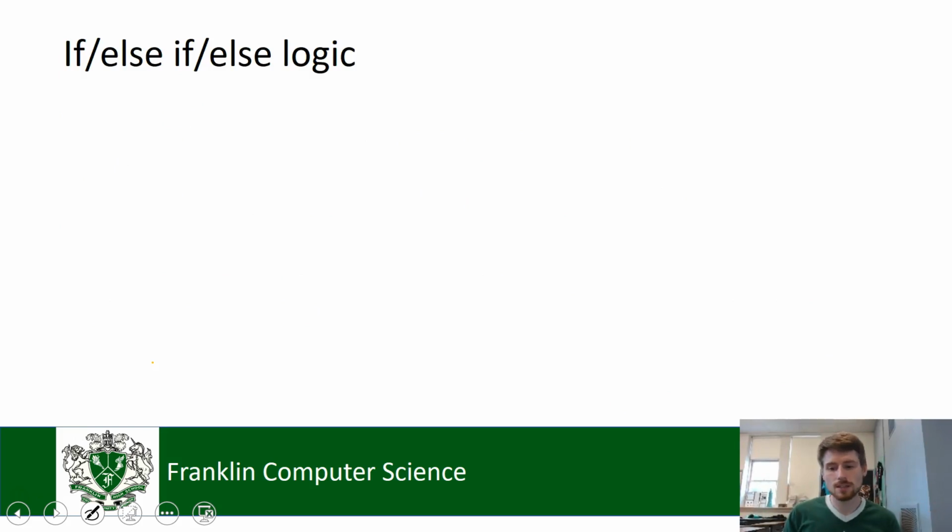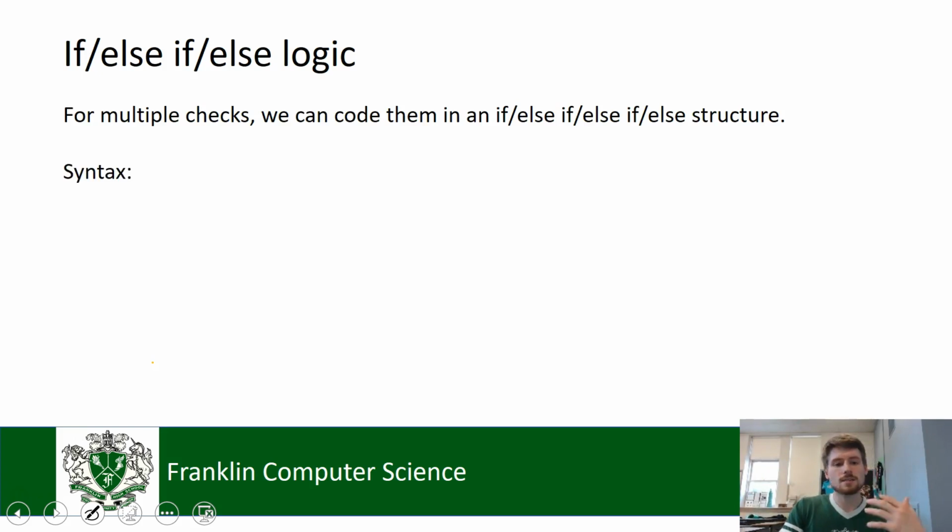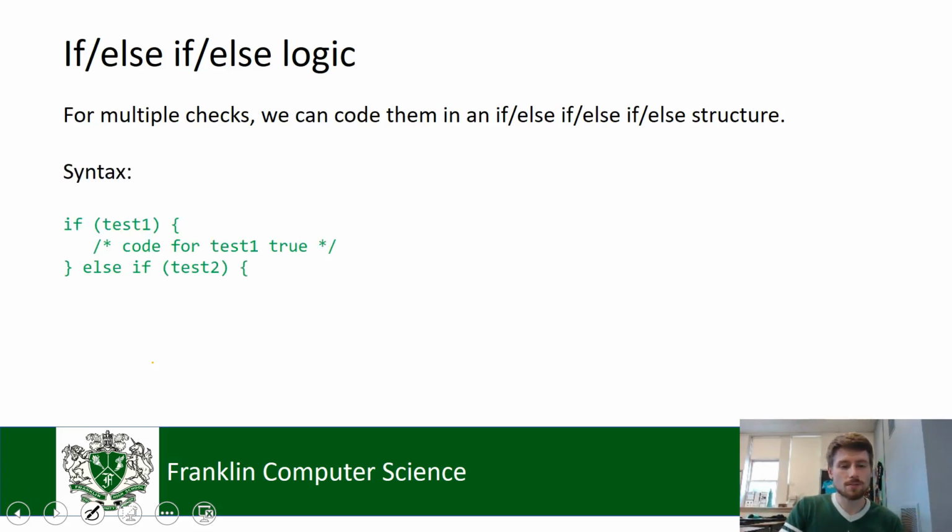What if we have lots and lots of tests to make? Well, you can just wrap them all up into this long if-else if-else structure. What that looks like is you have your first test at the top, and the code for that if it's true. And then you would say else if a second test, the code for if that test is true.